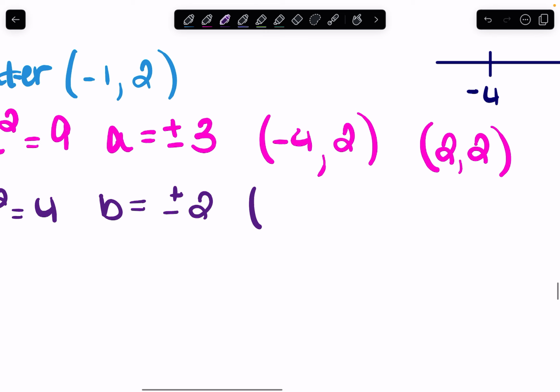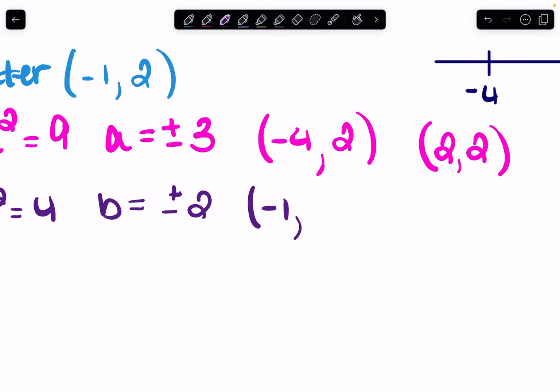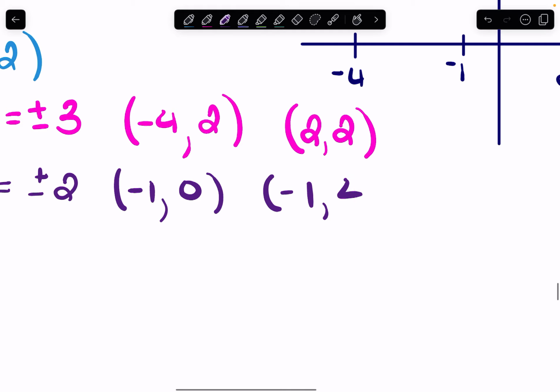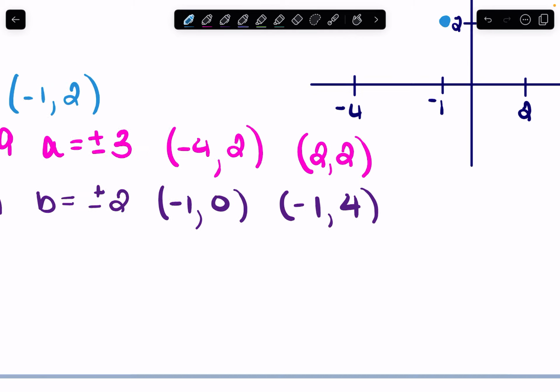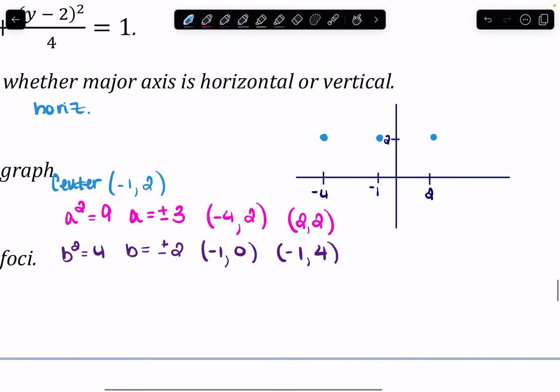So the x value is going to stay at -1. We're going to take the y value 2 and subtract 2, which gives us 0. Then we don't touch the x value, and then we take the y value 2 and we add 2 and we get 4. All right, so -1, comma 0 and -1, comma 4.